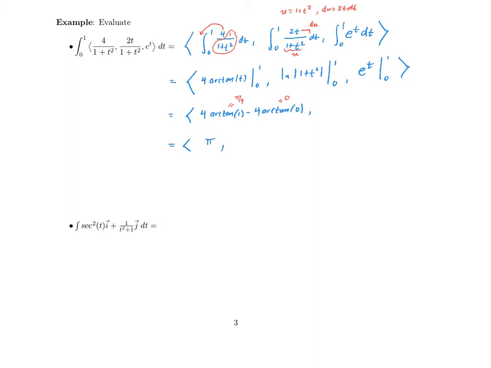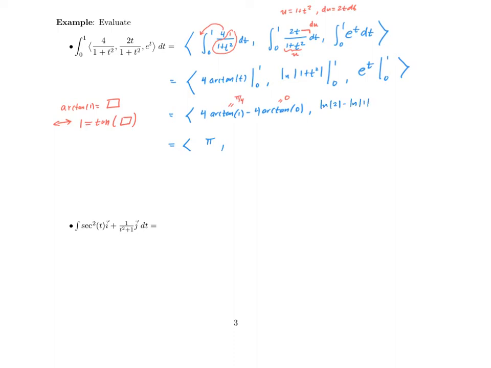And just to remember, if we're saying arctangent of 1 equals something, this is equivalent to asking, 1 is equal to tangent of what? And pi over 4 is where sine and cosine are equal. And moving to the middle component, we would have the natural log of 2 minus the natural log of 1.